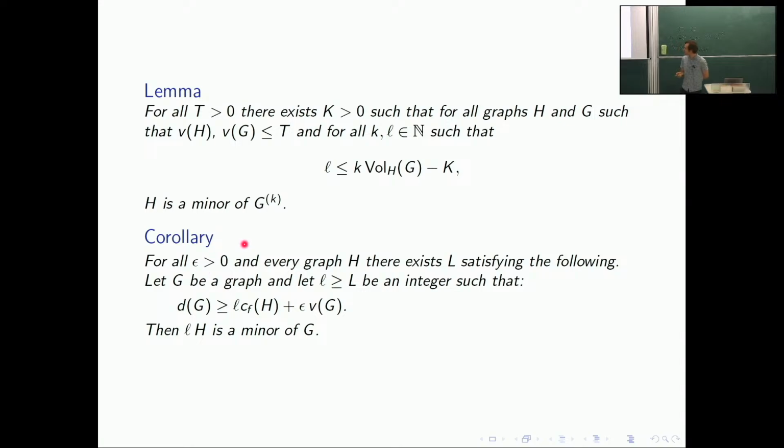For every epsilon and every graph H, there exists some constant L, such that if lowercase l is sufficiently large now, and the density of G is at least L times the fractional extremal function of H plus some small amount, then L times the graph, L disjoint copies of H, is a minor of G. Okay, so if you believe this, you can sort of forget about the previous things. This is why we care.